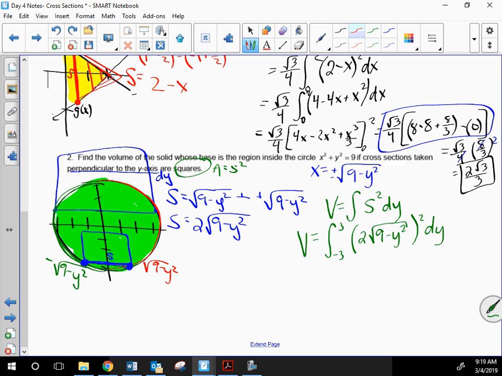Guys, again, the biggest mistake that people make with this is forgetting their squares. So remember your square. So we can go ahead and integrate this. We have negative 3 to 3, 4 times 9 minus y squared. Oh, this one's not too bad. I want you guys to go and do this one.